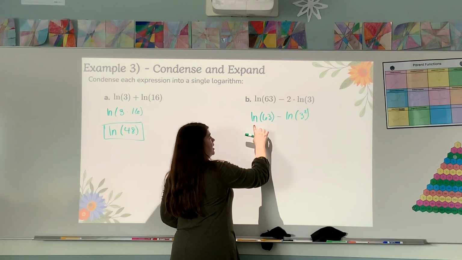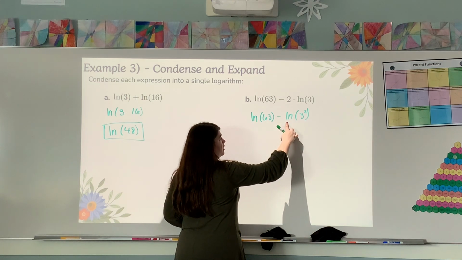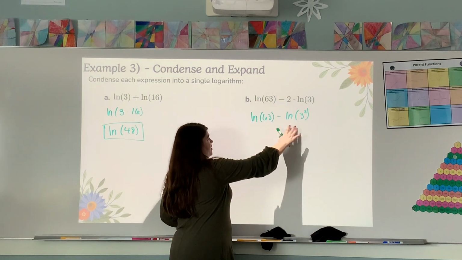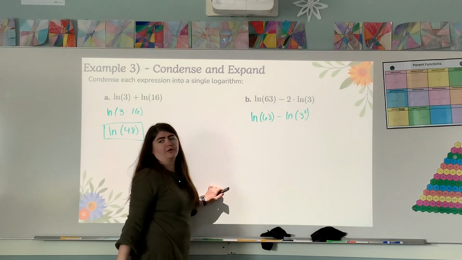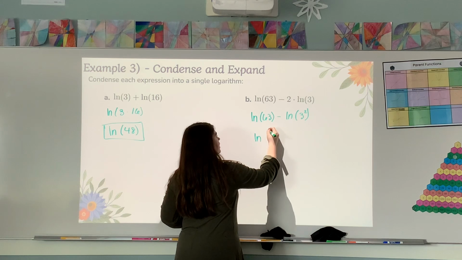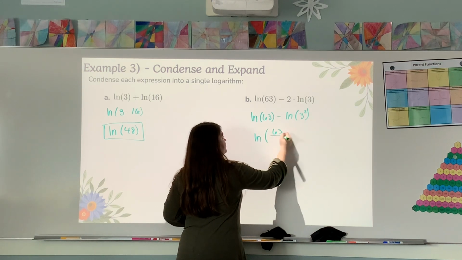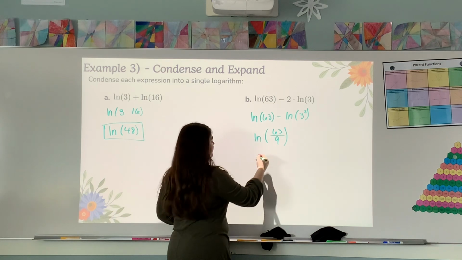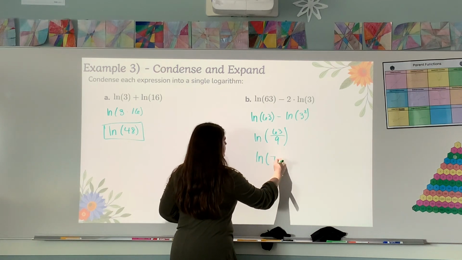What does that subtraction do for us? We divide it. So we have the natural log of 63 divided by 3 to the power of 2, which is 9, which is equal to 7. So we have the natural log of 7.